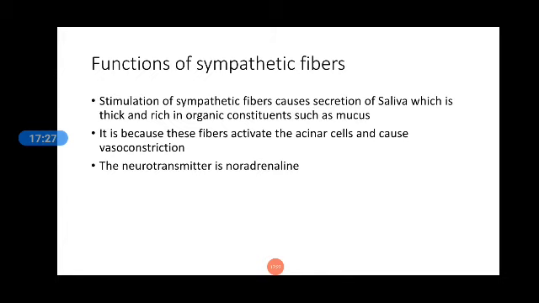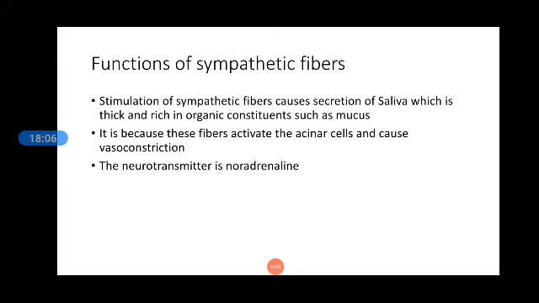Now we will see the functions of sympathetic fibers. The stimulation of sympathetic fibers causes secretion of saliva which is thick and rich in organic constituents such as mucus, because these fibers activate the acinar cells and cause vasoconstriction. So that is the difference between the function of parasympathetic and sympathetic fibers. The parasympathetic fibers cause dilation of blood vessels of the salivary gland, whereas the sympathetic fibers cause constriction of the blood vessels.